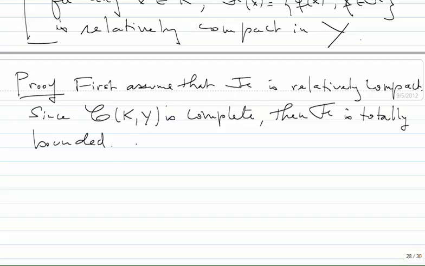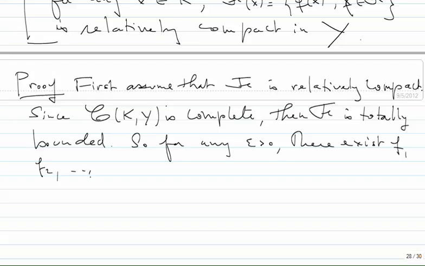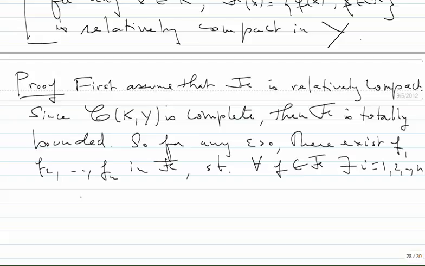So for any epsilon positive, there exist f1, f2, ..., fn in F such that for any f in F, there exists i such that the distance from f to fi is less than epsilon.